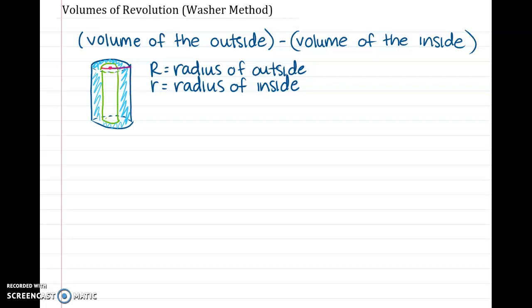Then the volume of our solid would be pi R squared, which is the entire larger cylinder, minus that green inside cylinder, which is pi times lowercase r squared. We can take out a pi, and this is pi times R squared minus r squared.